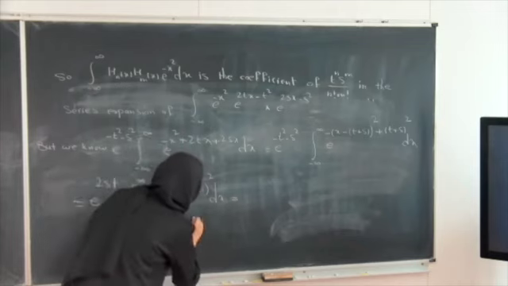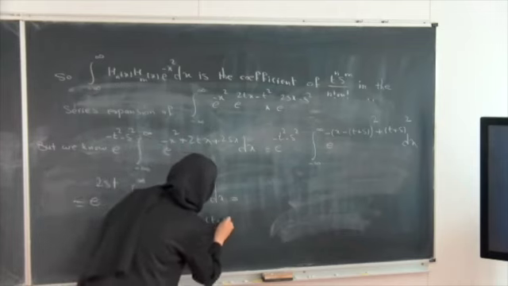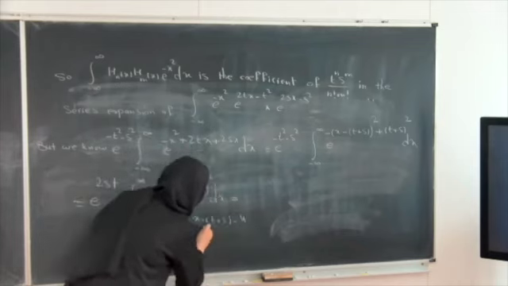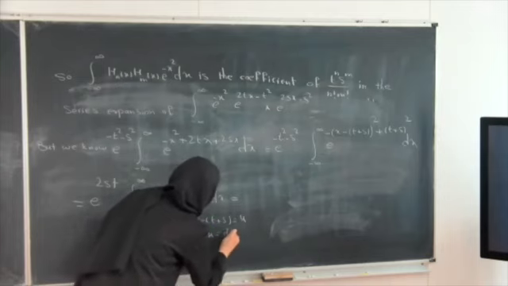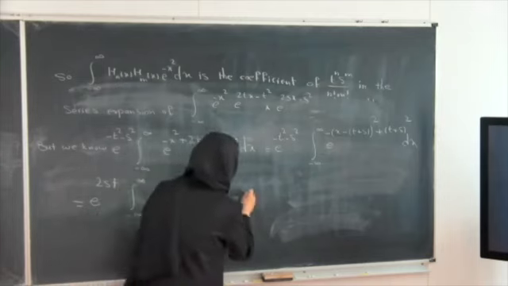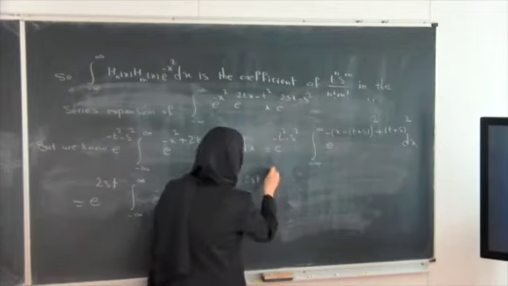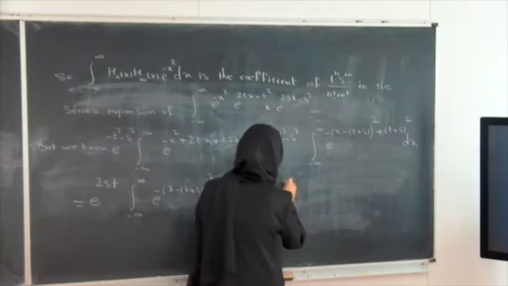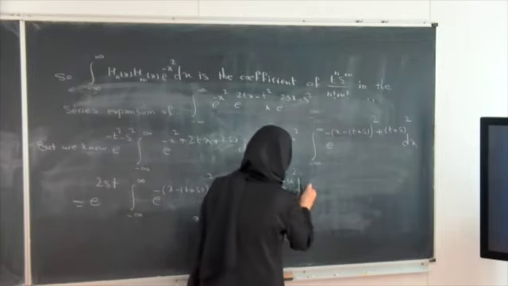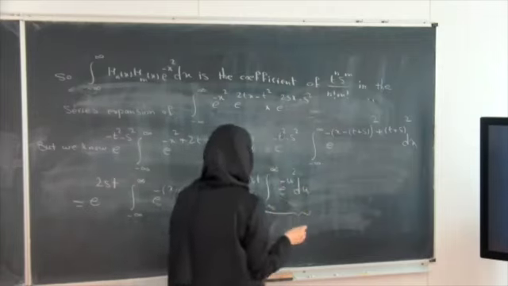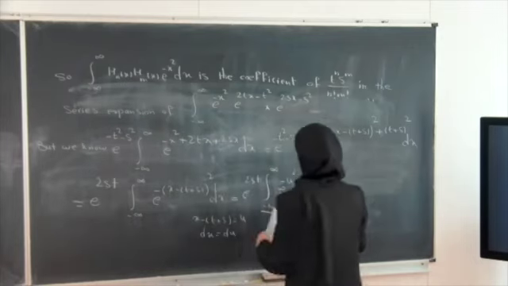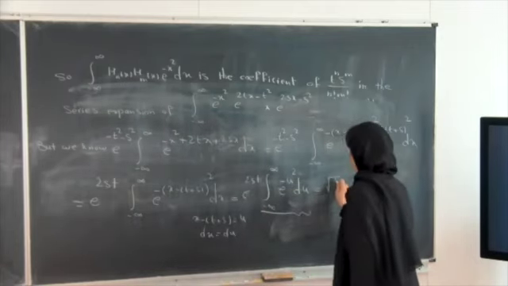By changing the variable, we can obtain the integral of e to the minus u² du, and we know that it is the square root of pi.